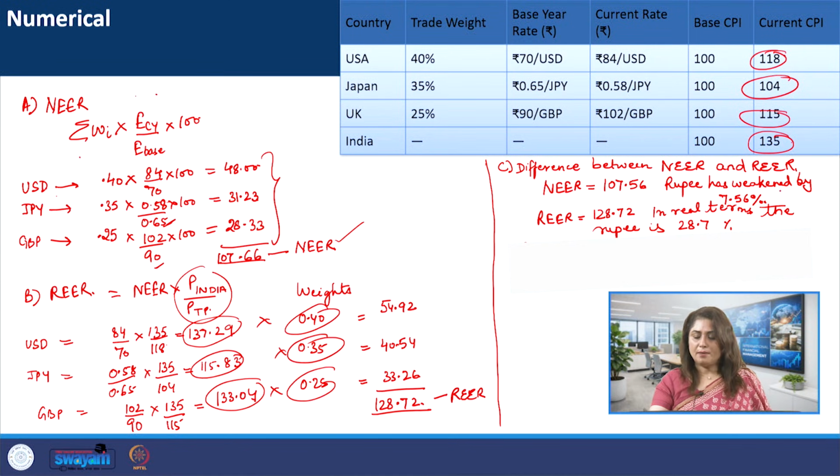We got some competitiveness when we depreciated our rupee by 7.56%, but we are still short of depreciating it more, and since we have not depreciated it to that extent, it means that our prices are very high and hence we are not very export competitive.